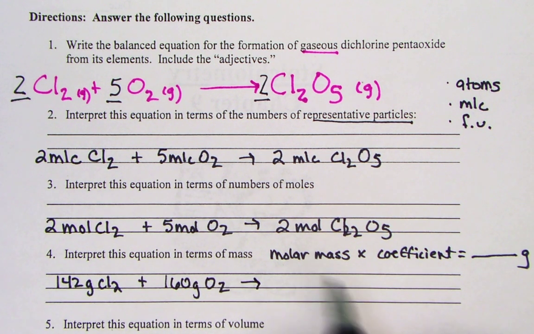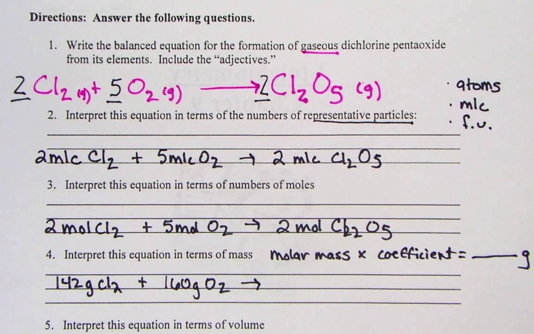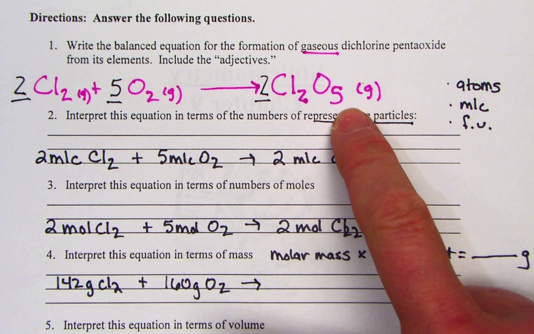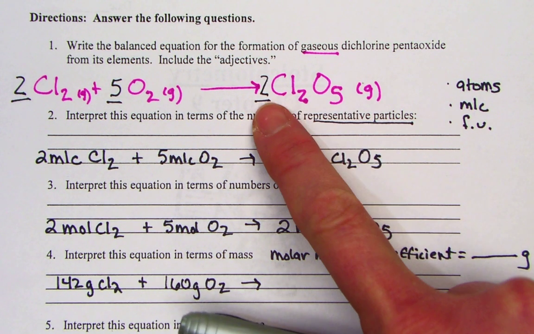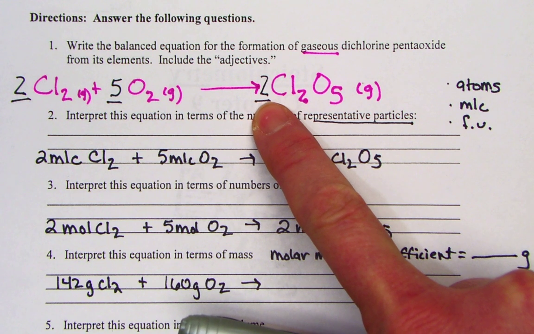That will produce 2 moles worth of Cl2O5. So I'll take chlorine, 35.5 times 2, since there's 2 of them in its formula, plus 16 times 5 for the molar mass of Cl2O5, I found 151. Then I use the coefficients. I go times 2.